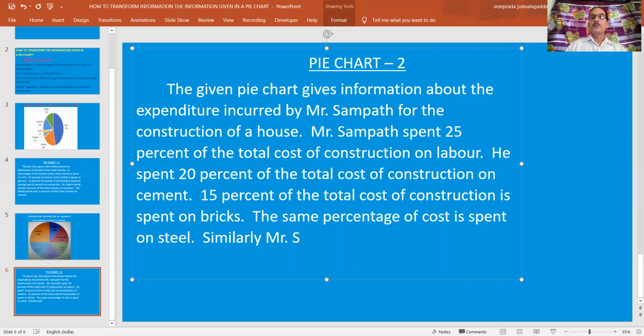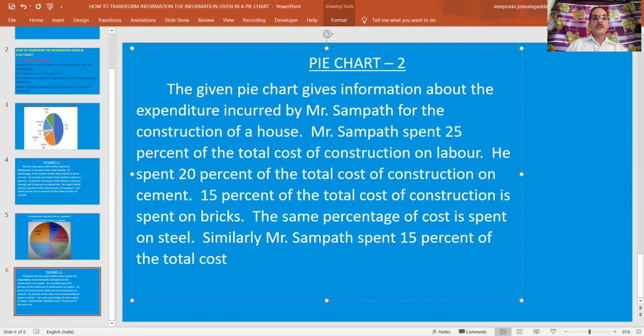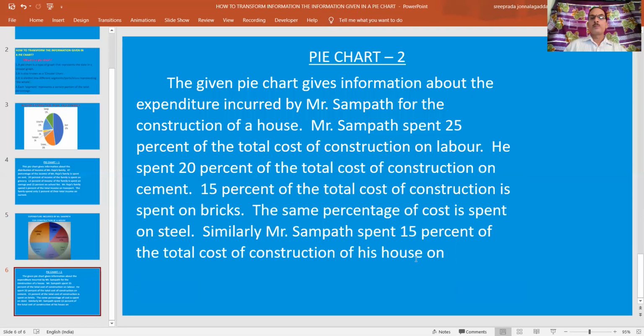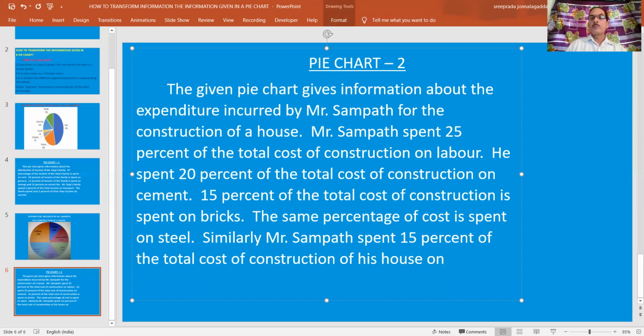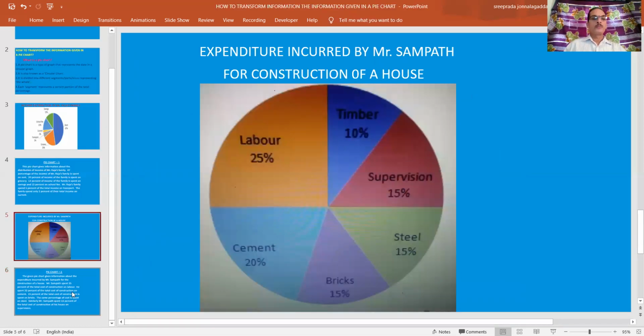Mr. Sampath spent 15% of the total cost of construction of his house on supervision. Let us move on to the last segment, that is timber.